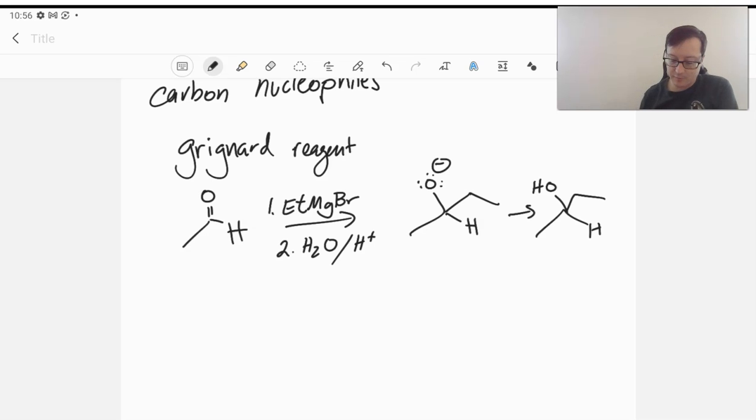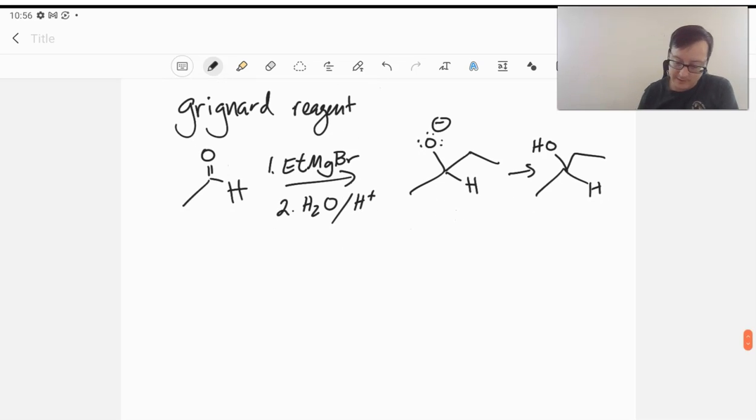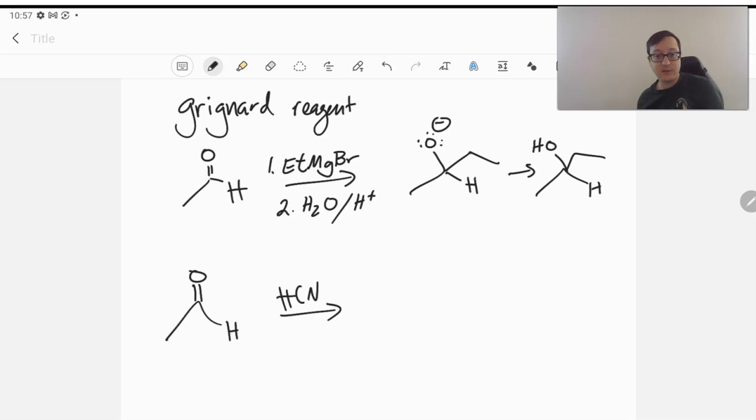Another one that's going to be new for us is forming a cyanohydrin. In this case, we're treating our aldehyde or ketone with HCN, and typically also you'll put potassium cyanide or sodium cyanide as well.